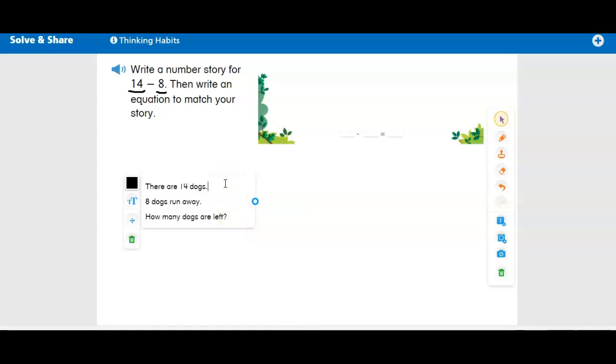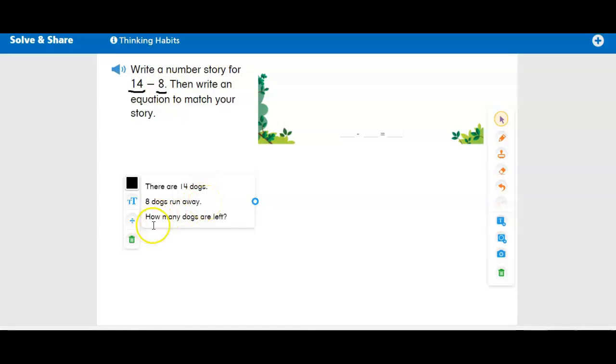So the story problem that we could write for this is, there are 14 dogs. So that tells us, again, our whole and what we are talking about. Next we could say 8 dogs run away, because we know we have a part of 8 and that we are subtracting.